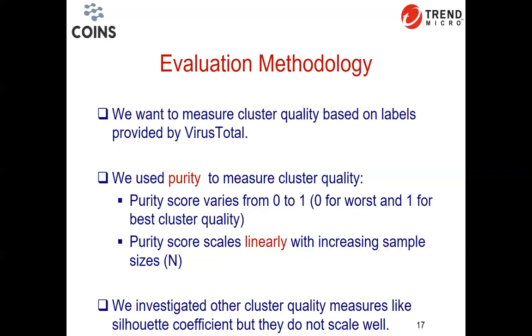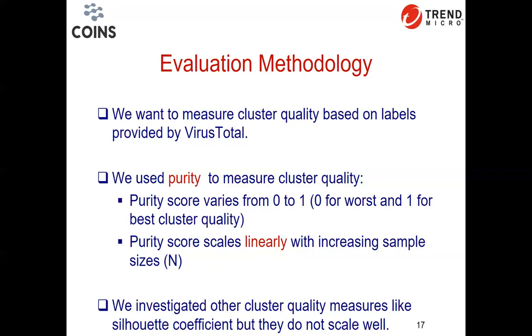We couldn't make use of other cluster quality measures like silhouette coefficient because they don't scale that well. The silhouette coefficient itself scales quadratically with increasing sample sizes. One could use that for 100,000 samples, but for samples in the millions, it's not a good choice.